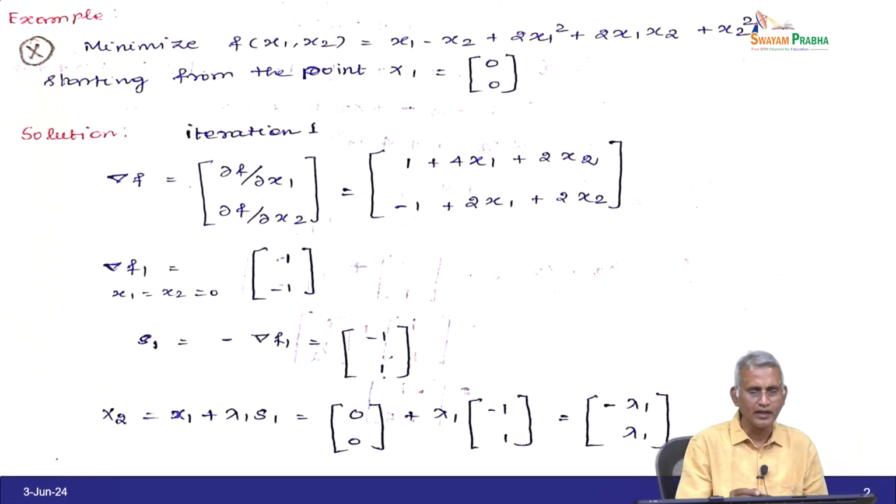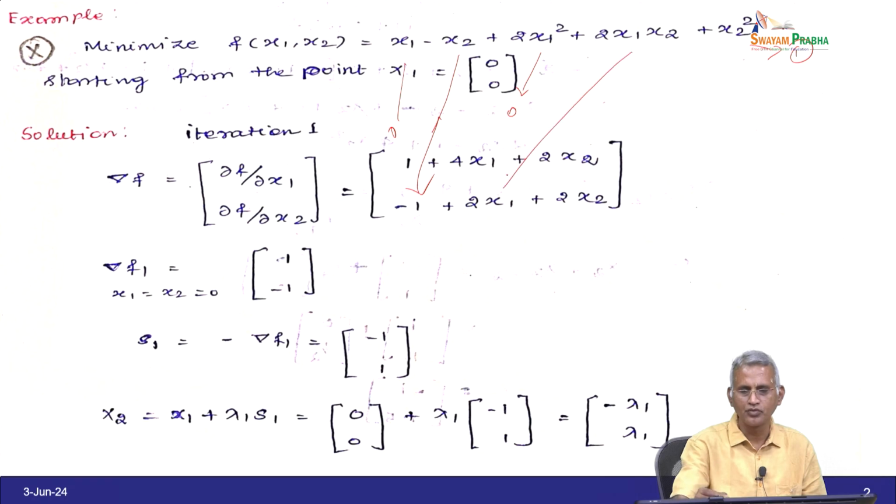Similarly, you go to x2, that is dou f by dou x2, partially with respect to x2 of equation 1. So, x1 becomes 0 and minus x2 becomes minus 1, and 2 x1 squared becomes 0, and 2 x1 x2 partially with respect to x2 becomes 2x1, and x2 squared partially with respect to x2 is 2x2.